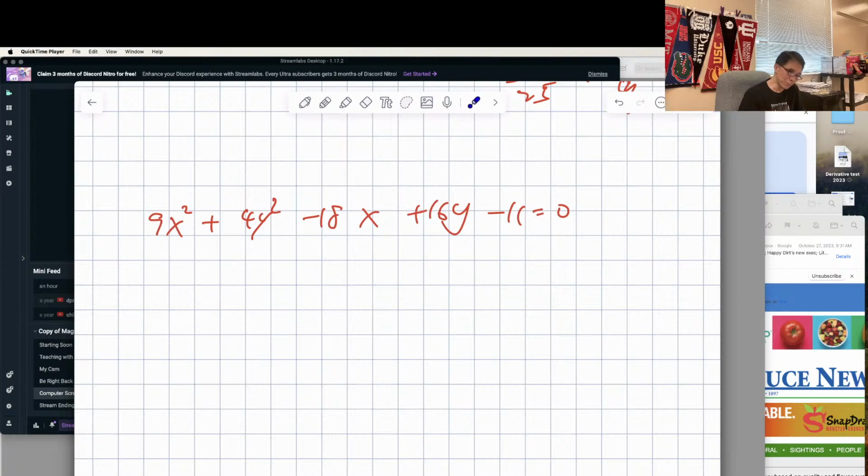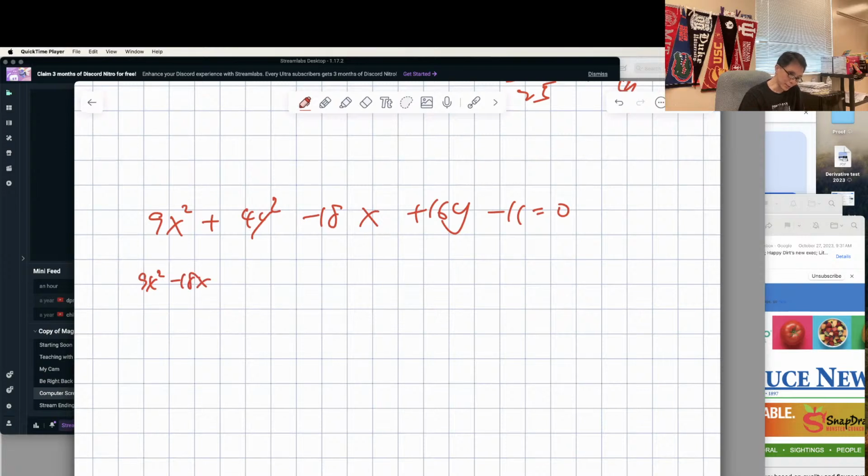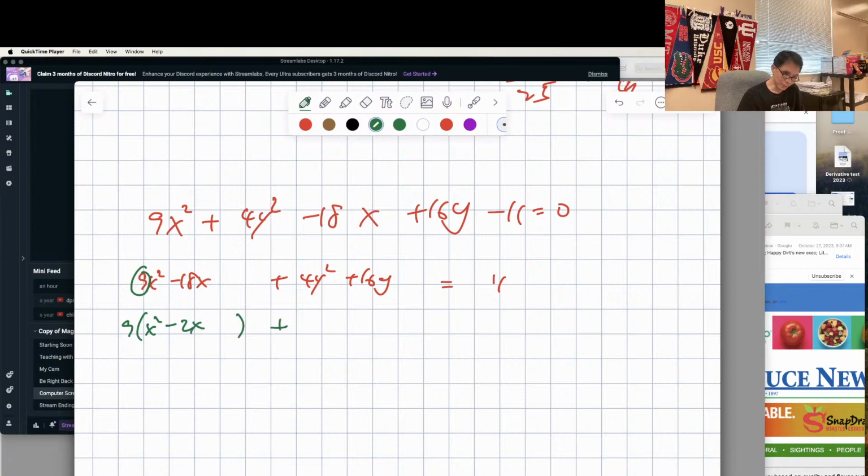Okay, so in this case you can say 9x squared minus 18x plus 4y squared plus 16y is equal to 11. You can factor out a 9 because the leading coefficient is 9, so it'll be x squared minus 2x, and this is plus 4, y squared plus 4y is equal to 11.